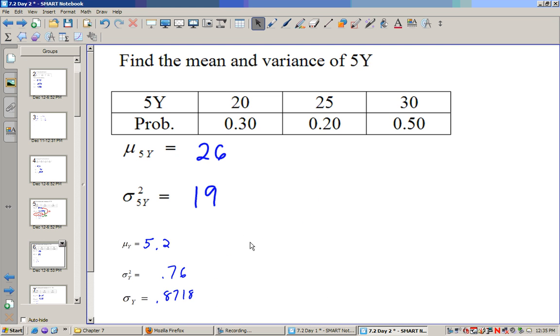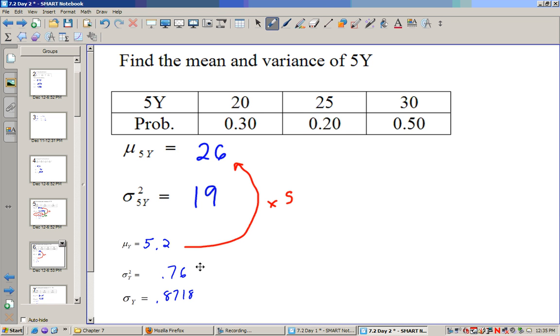Alright, let's look further. If I did this with my y variable, I multiplied by 5. I got a mean of 26 and 19. If I multiply my mean times 5, I'll get 26.